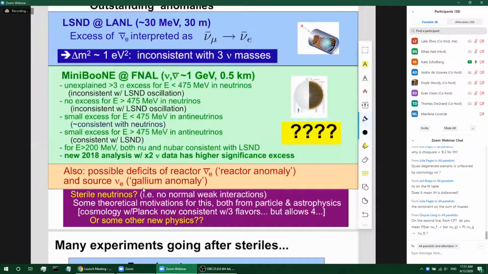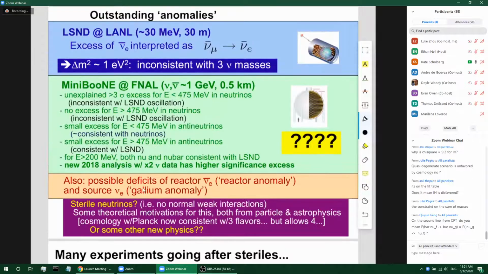However, the cosmology data is not very happy with it. I think it's not completely inconsistent. It's not completely impossible to have 4 degrees of freedom, but 3 makes it much happier. There could be something else going on, and so this is all a little bit weird.